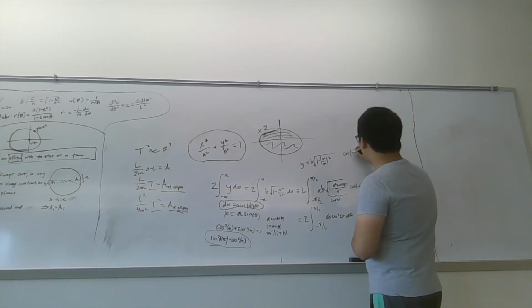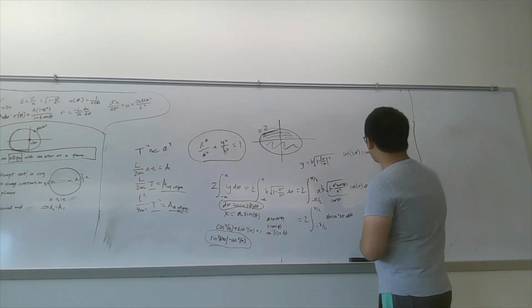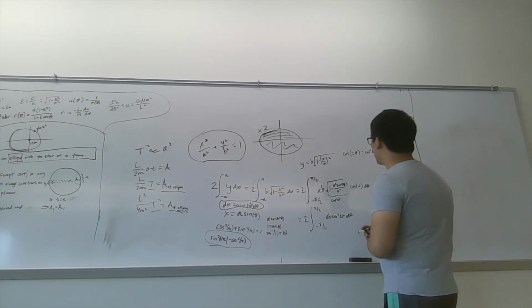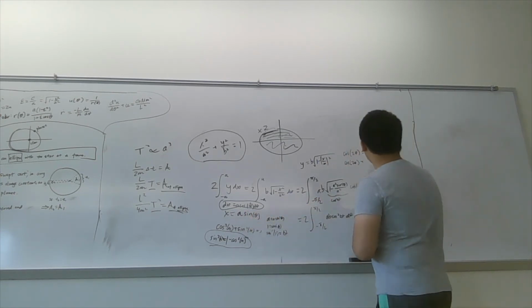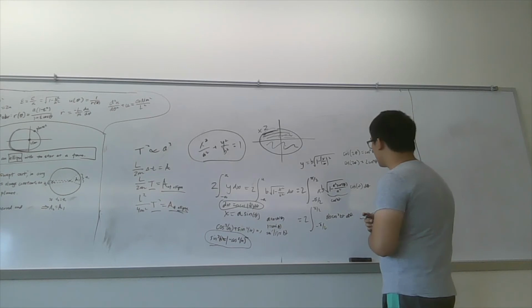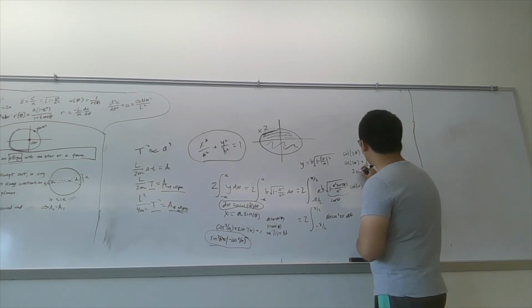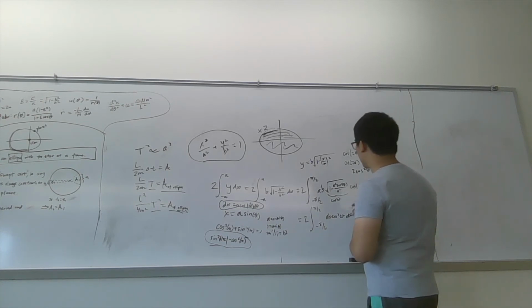Sorry, we're going to use the identity cosine of 2 theta equals cosine squared minus sine squared. That should be correct. So we can rewrite this using this identity again, as 2 times cosine squared minus 1. So we get that 2 times cosine squared equals cosine 2 theta plus 1.